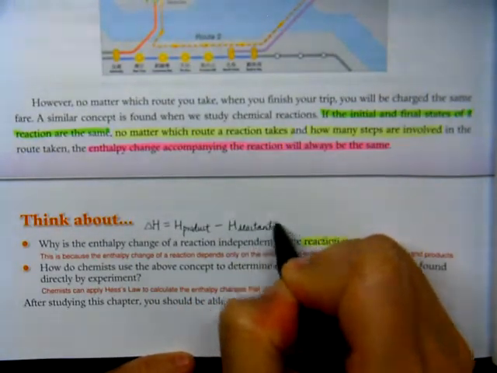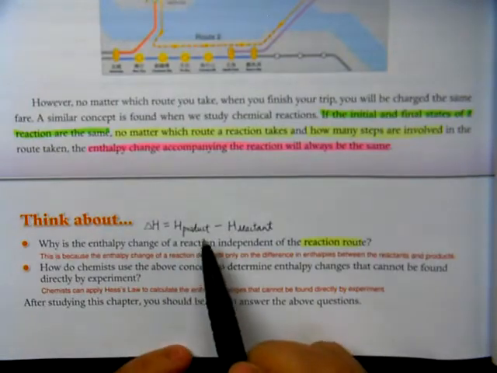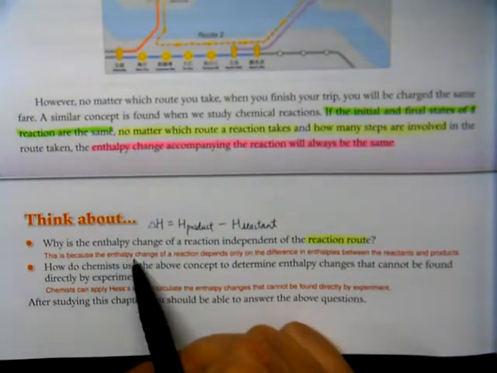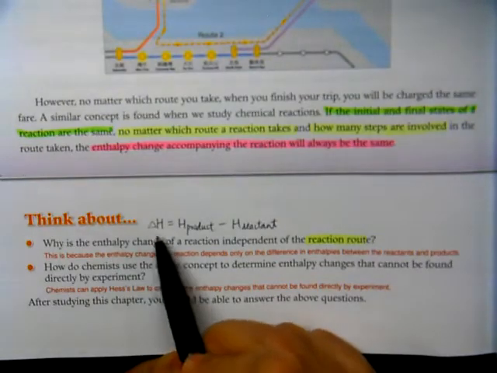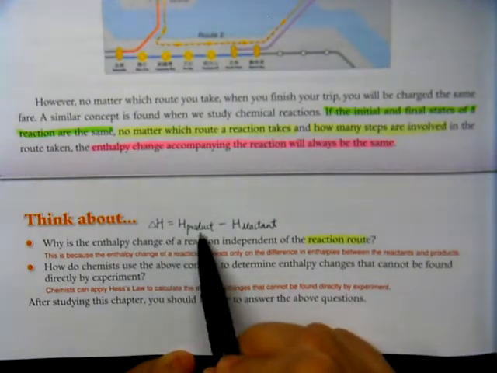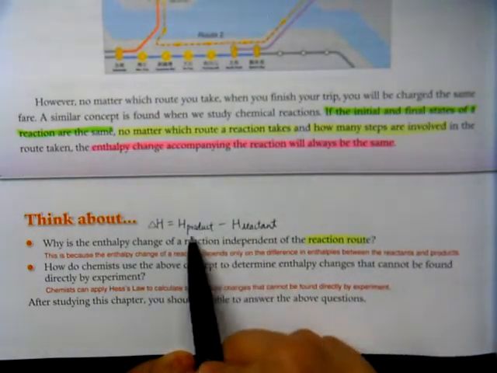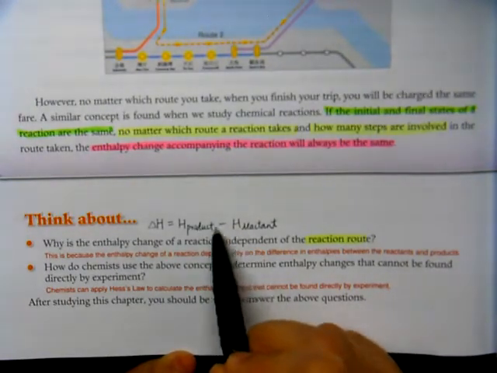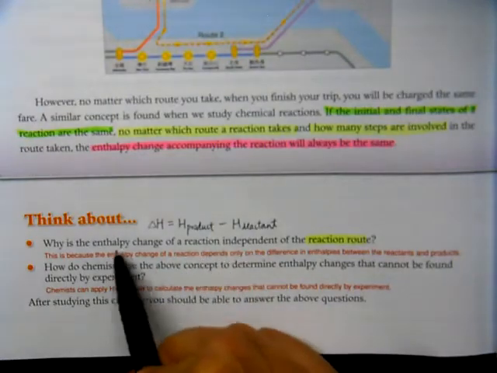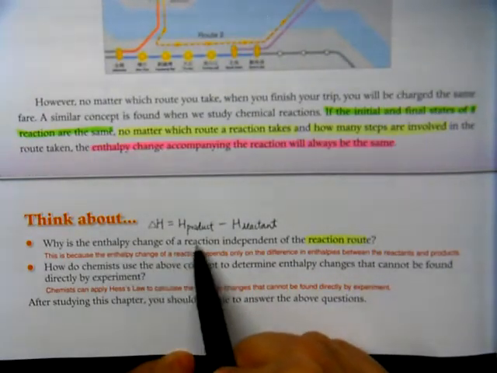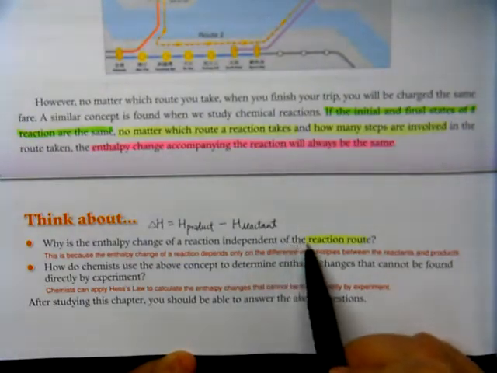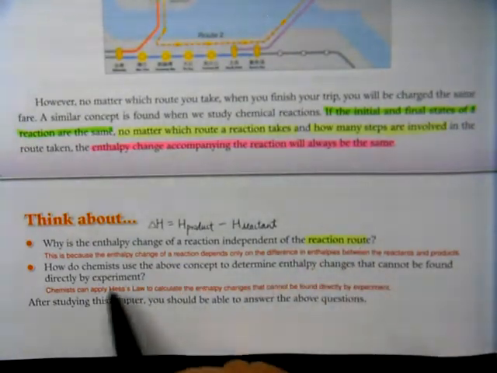Do you remember? By using this equation, we can explain. That is because the enthalpy change of a reaction depends only on the difference in enthalpies between reactants and products. Therefore, the enthalpy change of a reaction is independent of the reaction route.